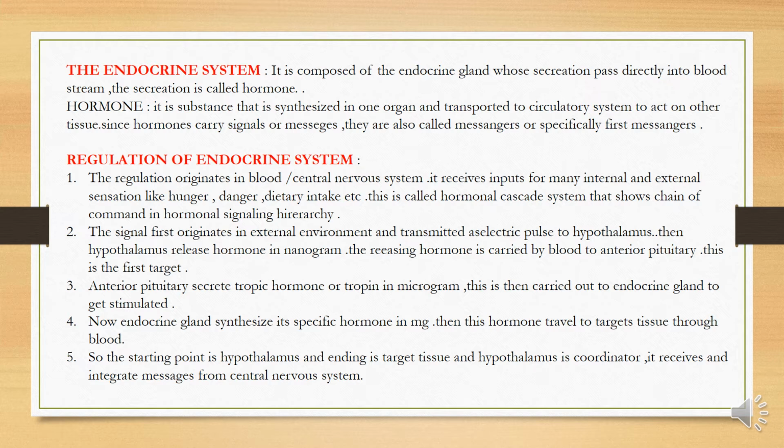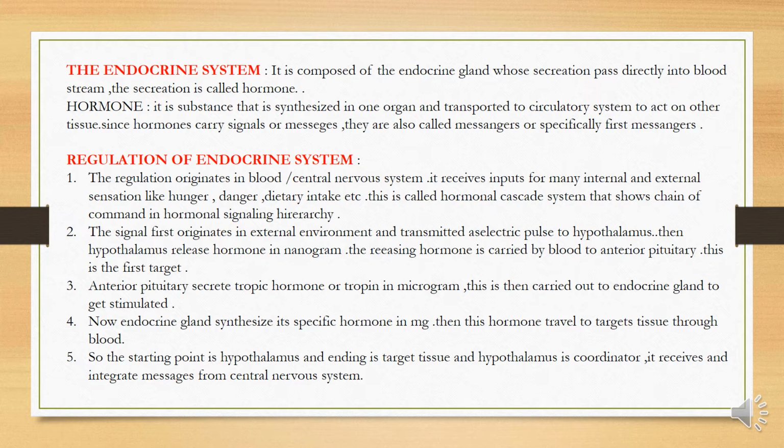The signal first originates in the external environment and is transmitted as an electric impulse to the hypothalamus, and the hypothalamus releases hormone in nanograms. The releasing hormone is carried by blood to the anterior pituitary, and this is the first target. The anterior pituitary secretes tropic hormone, or tropin, in micrograms.